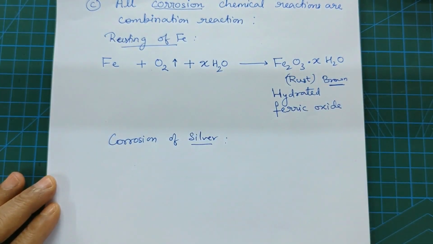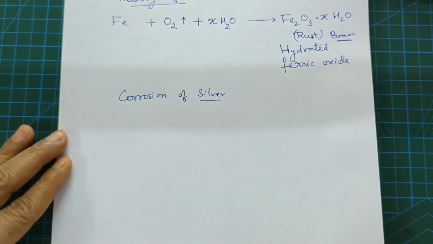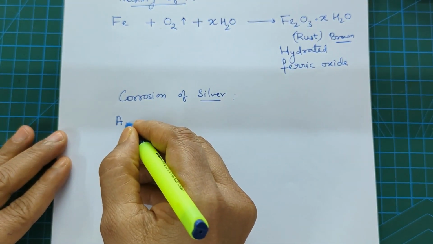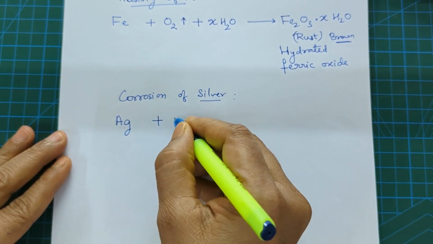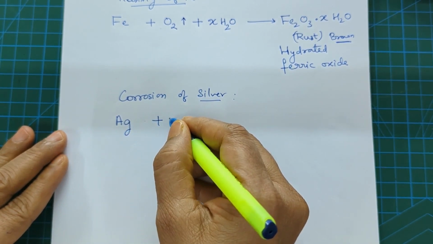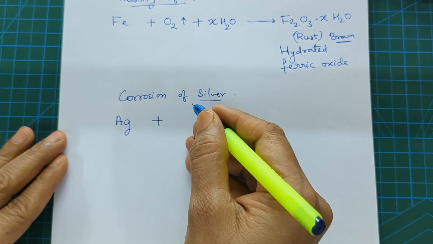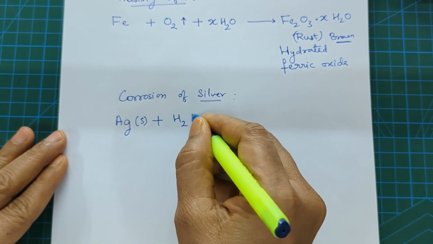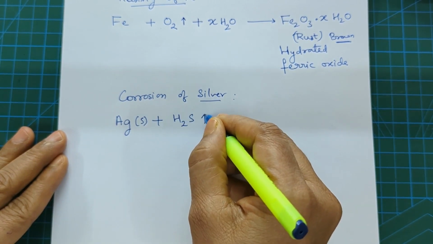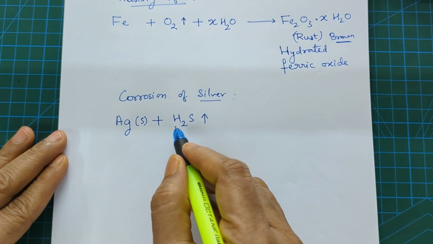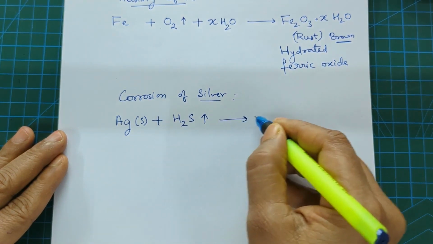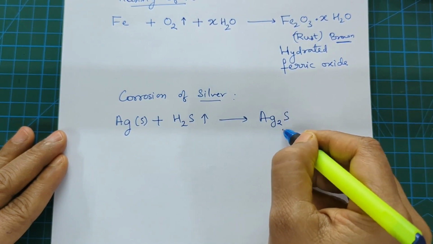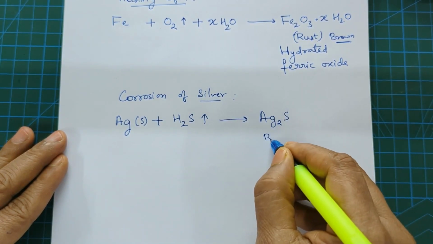Corrosion of silver. You must have seen silver articles turn black when exposed to air. Silver doesn't corrode due to oxygen or moisture. Silver corrodes due to the presence of sulfur in the atmosphere. So how to show that chemical reaction? Silver, which is a solid metal, when it comes in contact with, say for example, hydrogen sulfide gas, a compound is formed which is called silver sulfide, Ag2S, and this is black in color.